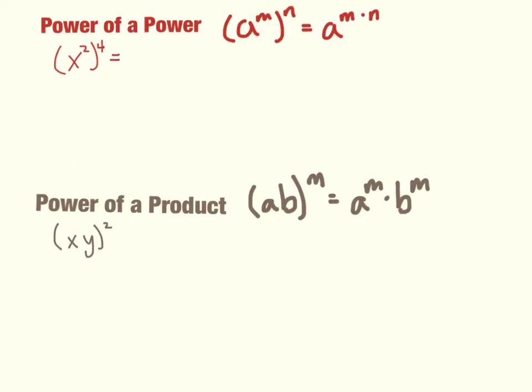That means I have x squared, which is x times x, 4 times. So x squared times x squared times x squared times x squared. Now how many x's do I have being multiplied with each other? 2, 4, 6, 8. So this is x to the 8th power.